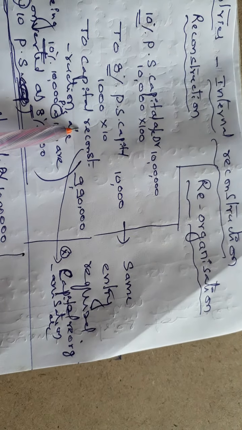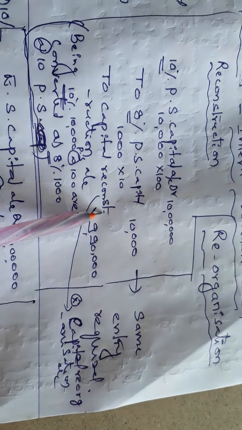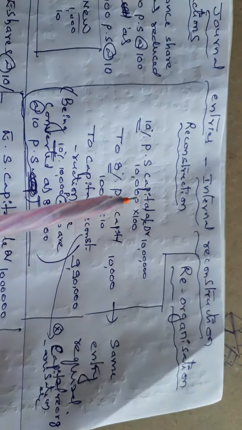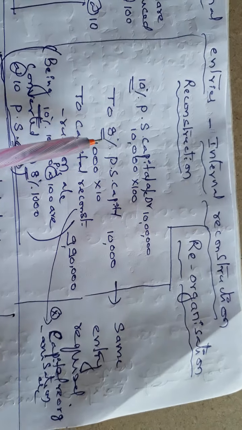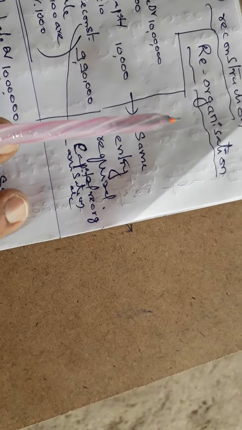In case of reconstruction, show it as to capital reconstruction account 9 lakhs 90,000. Here, 10% preference share capital to 8% preference share capital to reorganization account, with the same amounts: 10 lakhs, 10,000, 9 lakhs 90,000.